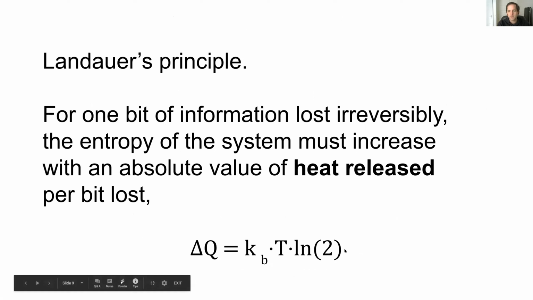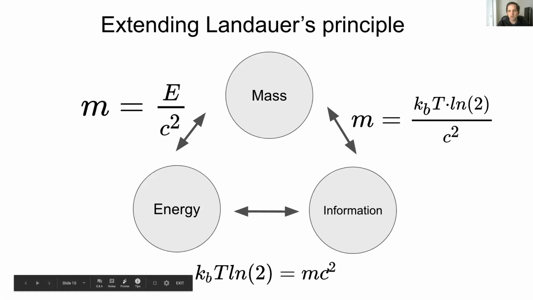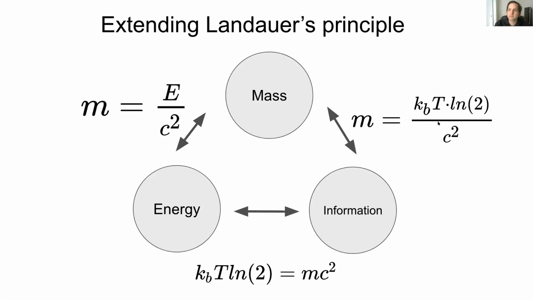So if you change the state of an information bearing system, then you get some change in energy. So energy and information are connected. And if that's the case, then you can also connect mass with information.